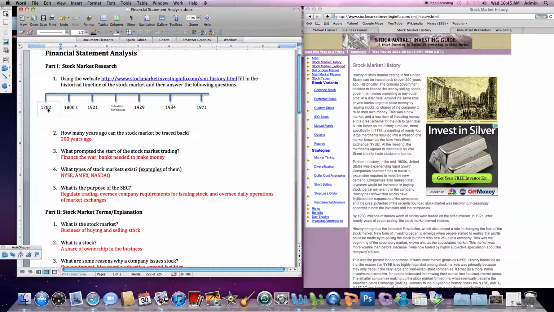All right, so the history of the stock market. 1792 was the creation of the New York Stock Exchange. By the 1800s, it kind of became apparent to investors the benefits that they could have from the investment possibilities.